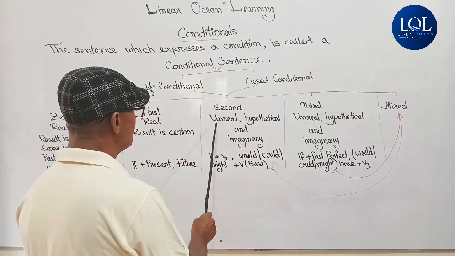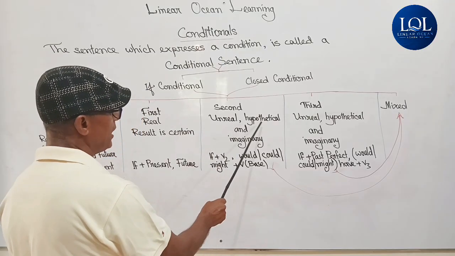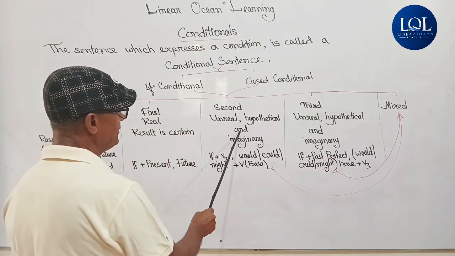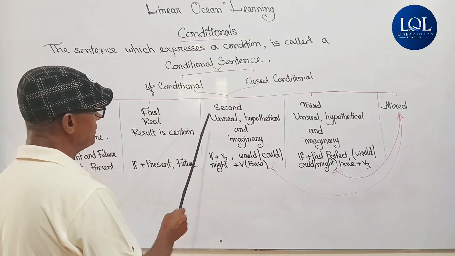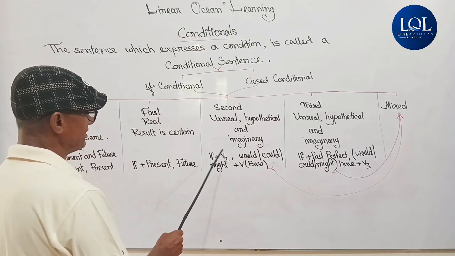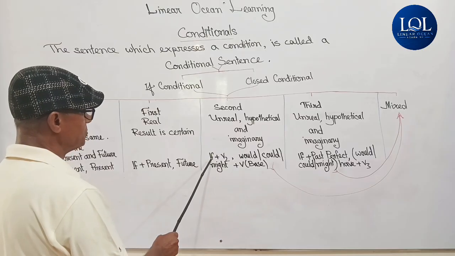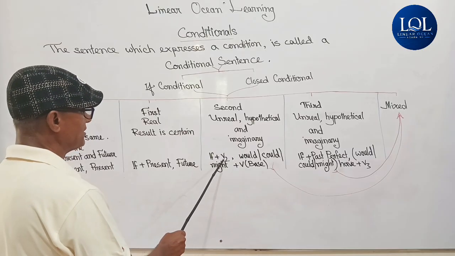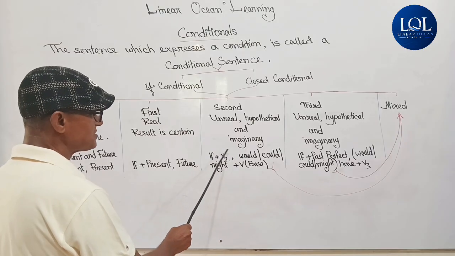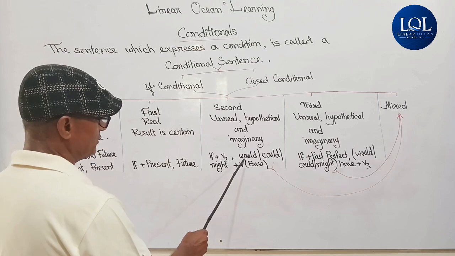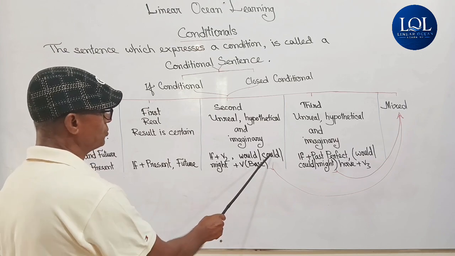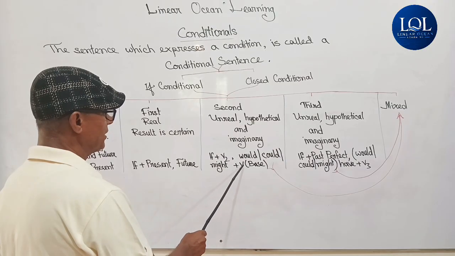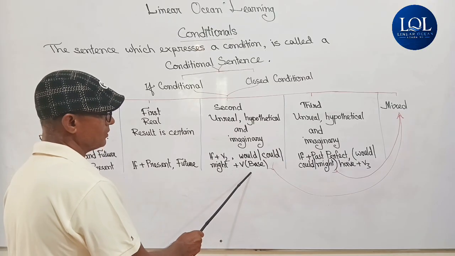Second condition, this is unreal, hypothetical, and imaginary. In this conditional sentence, the structure we get is if plus V2, that means past indefinite. Then the principal clause will be with would, could, might plus verb base.